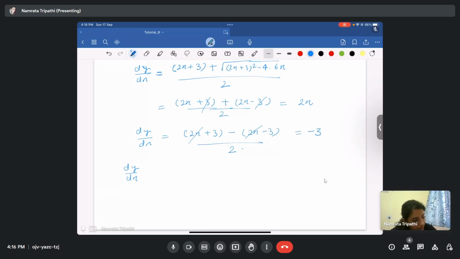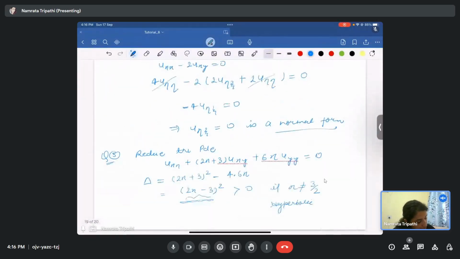Yes, the value under the root of b square minus 4ac in this case is positive, because the PDE represents hyperbolic, so b square minus 4ac is greater than 0. You have already calculated b square minus 4ac, which is positive.